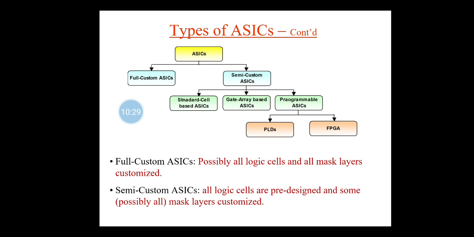So different types of ASIC are shown here, the classification of the ASIC. The ASIC can be classified as full custom ASIC or semi-custom. In semi-custom you have standard cell based, gate array and programmable ASIC. In programmable ASICs you have PLD, FPGA.